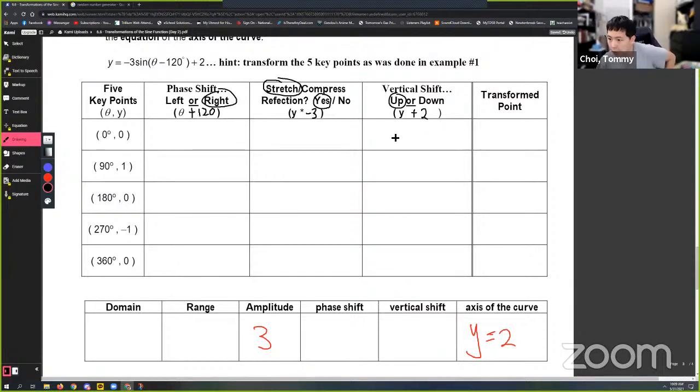Okay, so let's go through each one here. To start, we have 0 plus 120 is going to give us 120. So we take our theta value, our x value, we add 120 to it, we get 120. Our stretch and compression here, we're going to start with 0 again, but we're going to multiply it by negative 3.